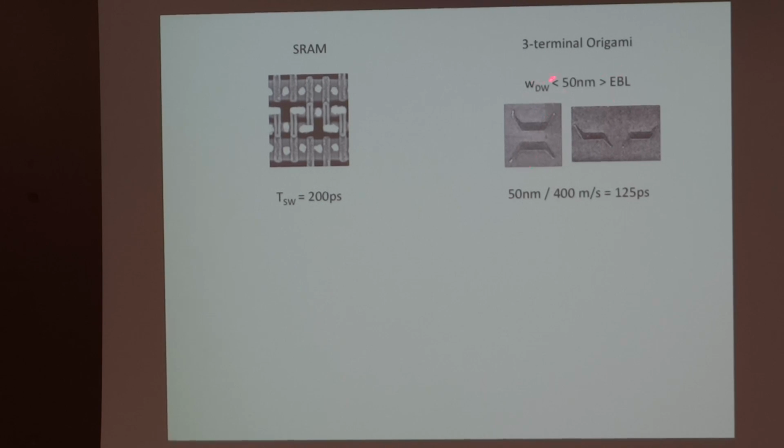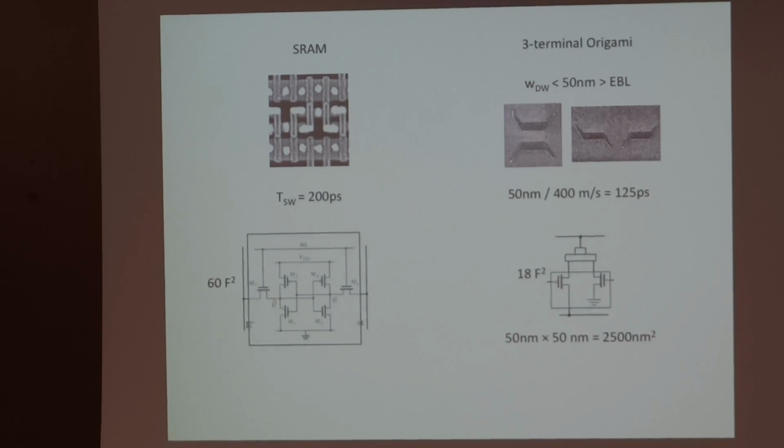You want to have an object that is sufficiently larger than the domain wall width, so this process still applies. But the smaller it is, the faster the process. If you take a limit of about 50 nanometers, which is roughly 10 times larger than the domain wall width, and you consider the domain wall velocities we've measured for this kind of materials, you get a switching speed of the order of SRAM.